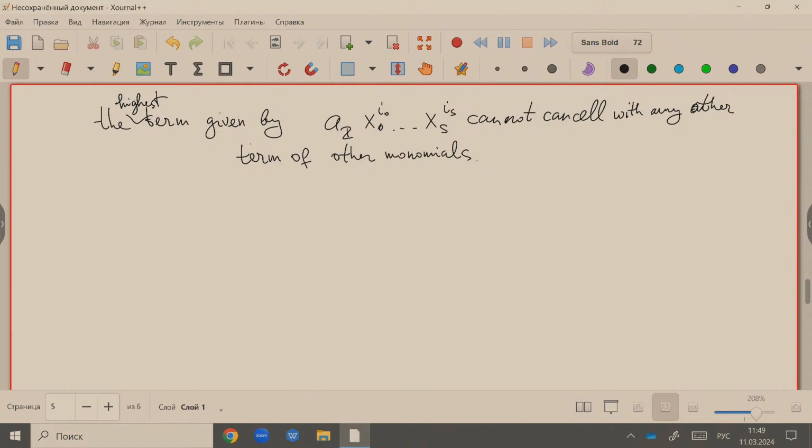But anyway, this implies that after this change, x0 is integer over y1, etc., ys. So this proves the Noether normalization theorem.